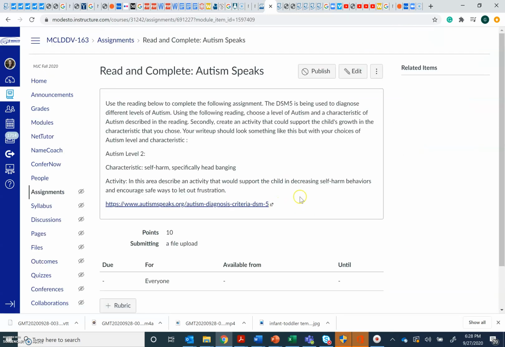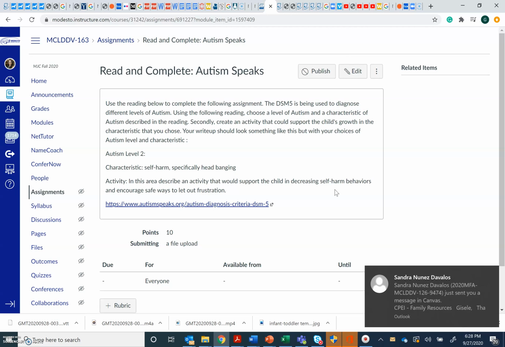So the first one is going to be your read and complete. So an example that I have below, first of all, you're going to be using the Autism Speaks website to look at how autism is diagnosed into 3 different levels: level 1, level 2, level 3. And then you're going to see specific characteristics within each level and look at functioning within each level.